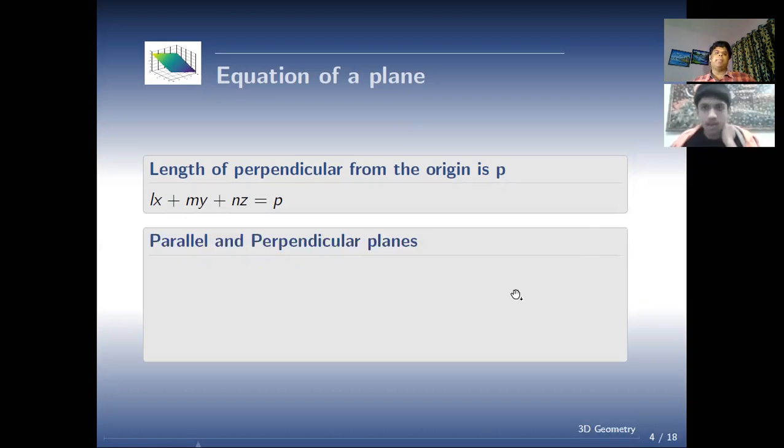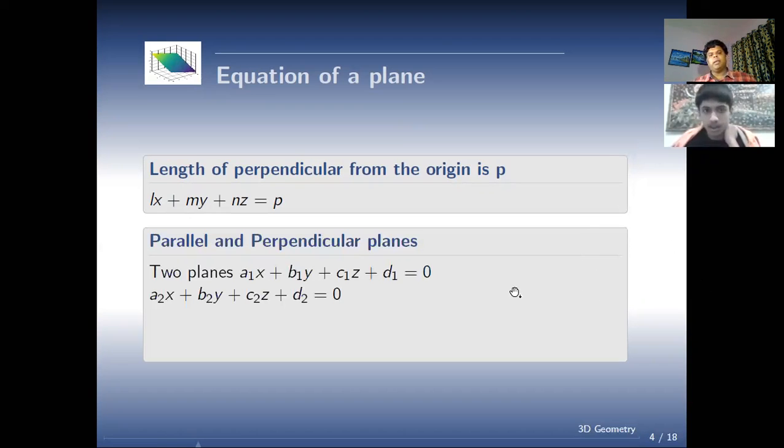Now, if I have two planes, A1x plus B1y plus C1z plus D1 equal to 0, and A2x plus B2y plus C2z plus D2 equal to 0, then these two planes are perpendicular if the dot product of the coefficients, A1A2 plus B1B2 plus C1C2, is equal to 0.